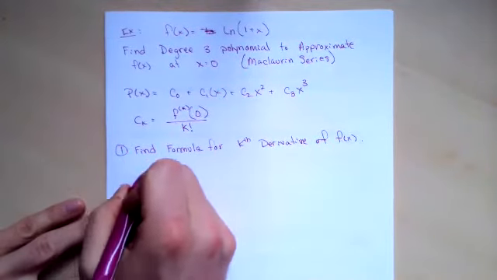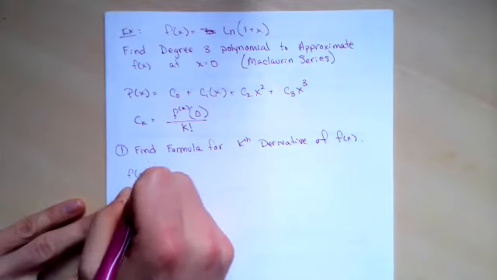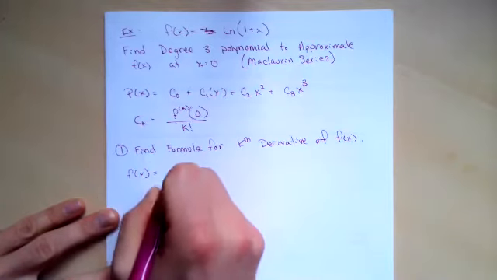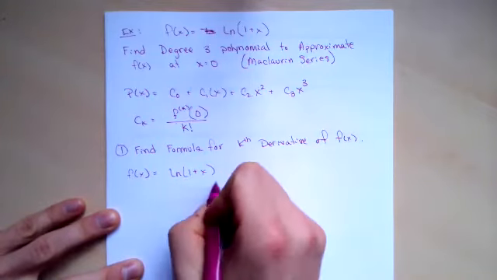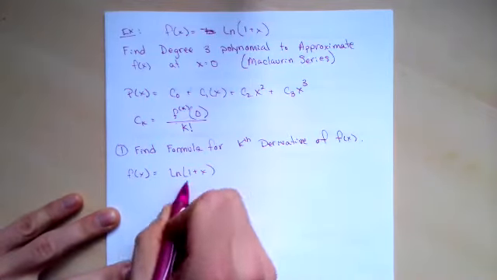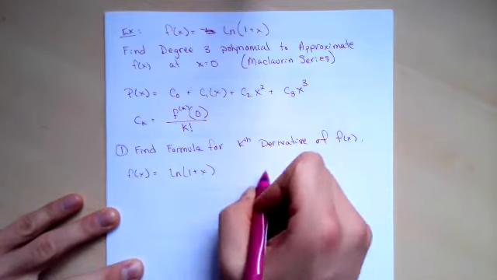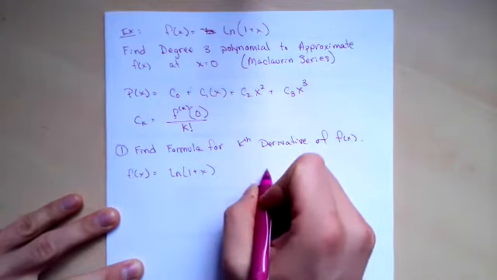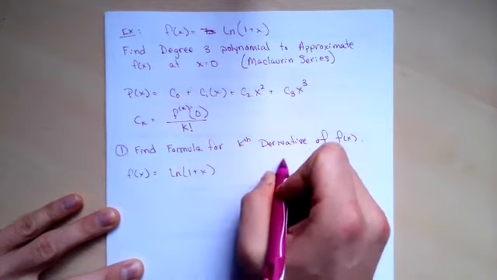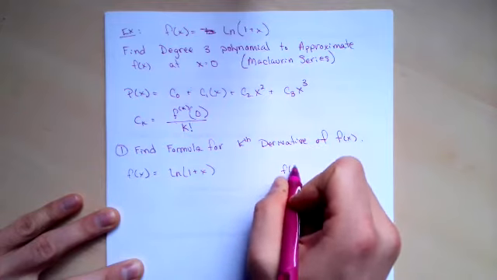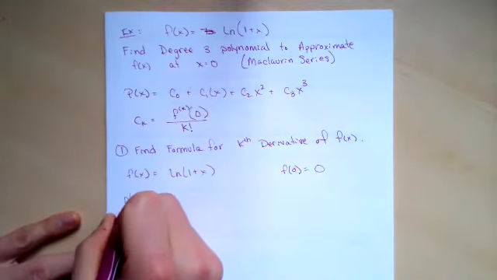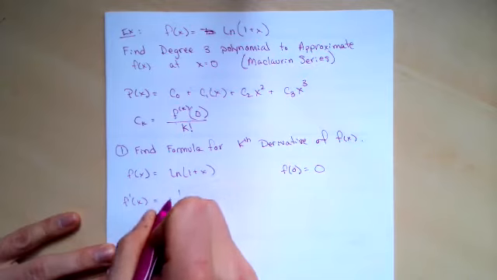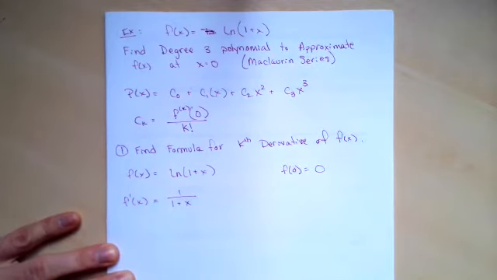So, of course, f of x is natural log of 1 plus x. And I'm going to make it in sort of a table. So generic as the function, and then evaluate it at x equals 0. So our f of 0 is 0. Our f prime is 1 over 1 plus x.